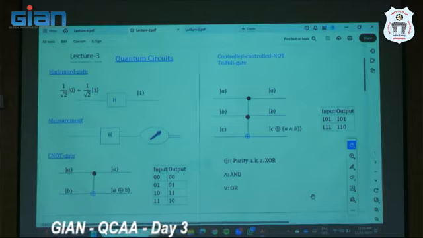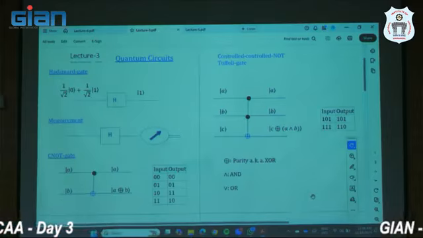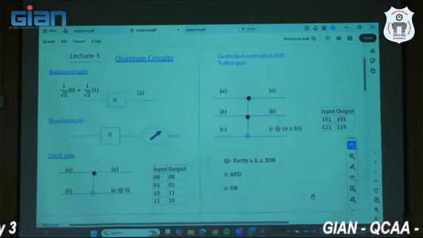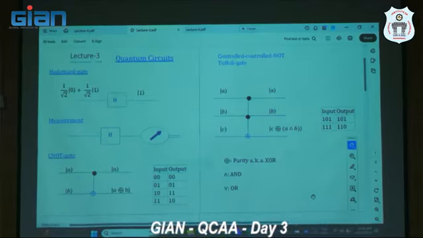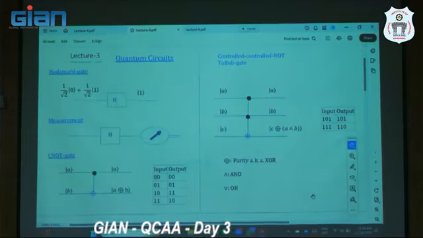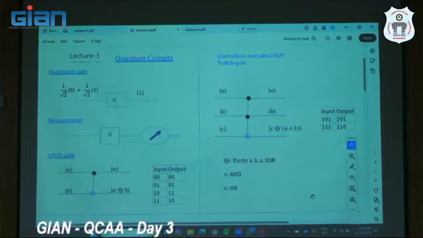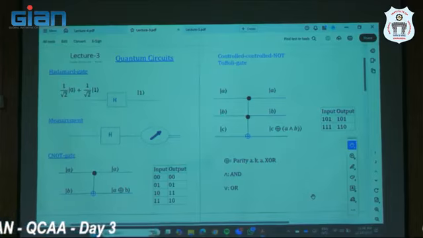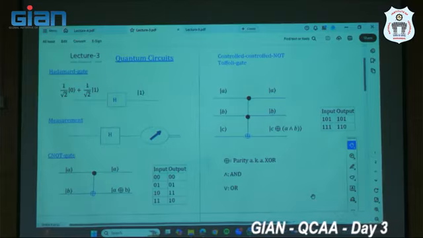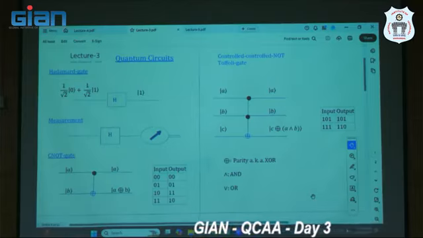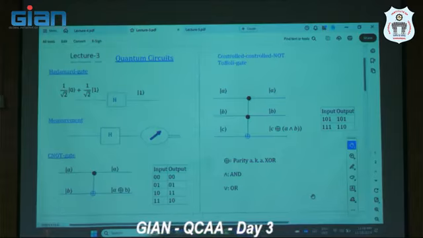Okay, this should be ket 0. I'll just correct it and resend the file. Okay.